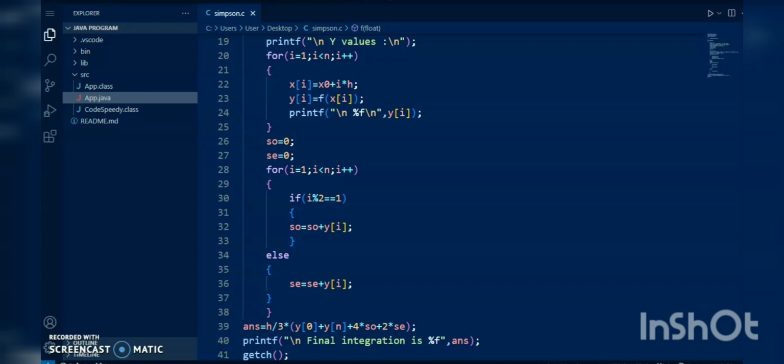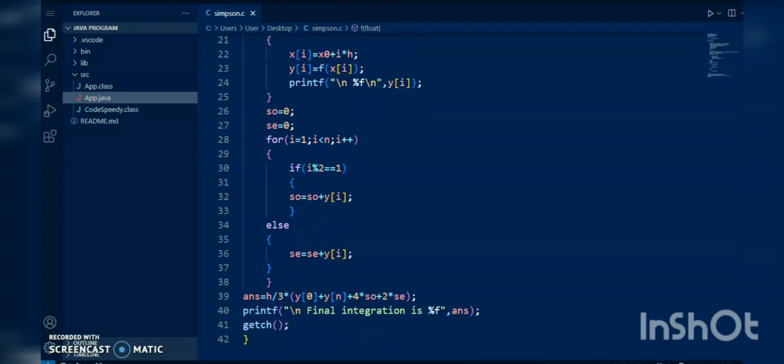This is the odd case, otherwise it is even. My formula is the same as we have learned: h by 3 into (y0 plus yn, plus 4 into the sum of y1 plus y3 plus up to yn minus 1).